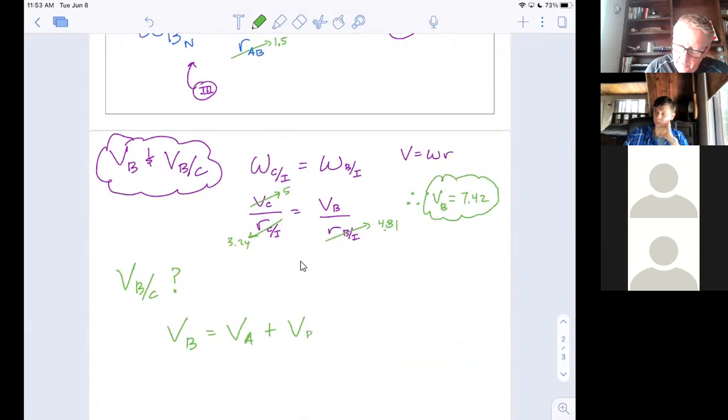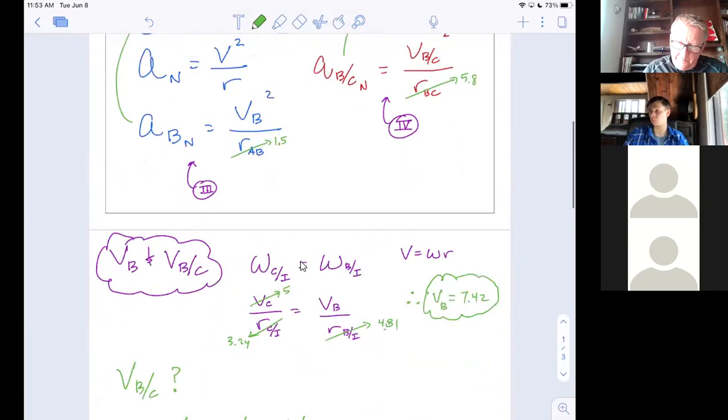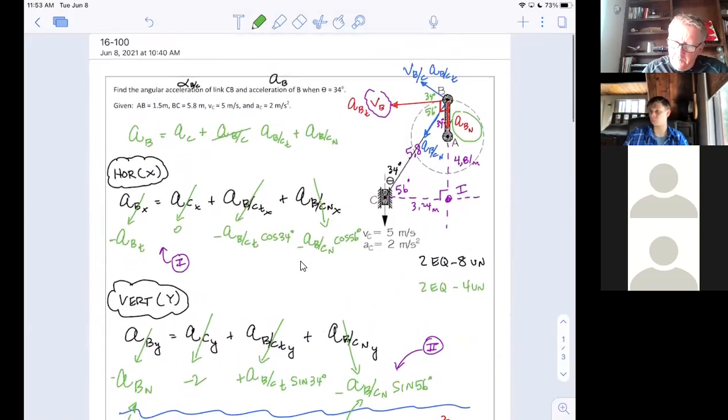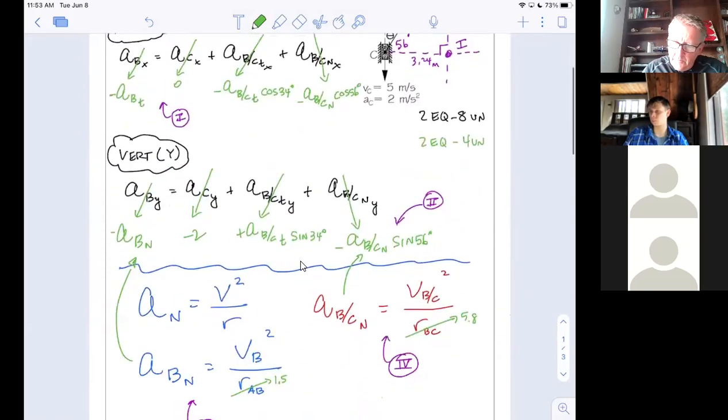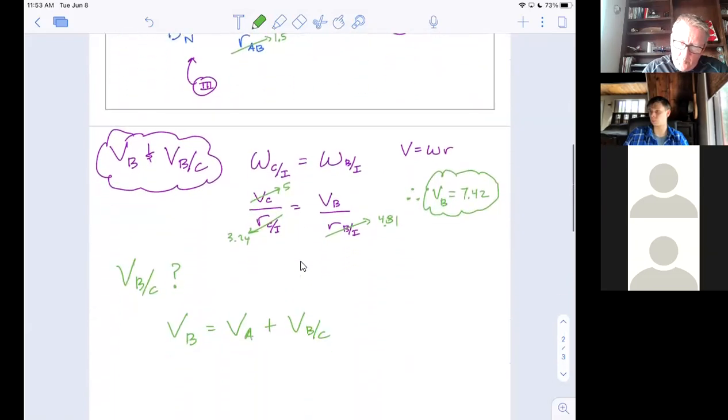What's wrong with this? B as it rotates around C. What's wrong is that was a C. That was our basic equation that governed the relationship of all of these things.